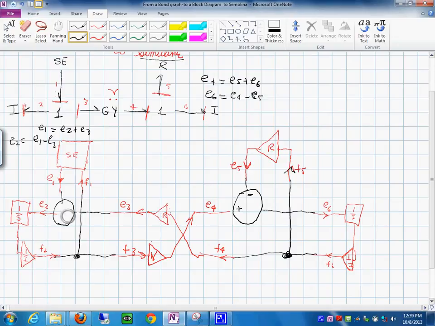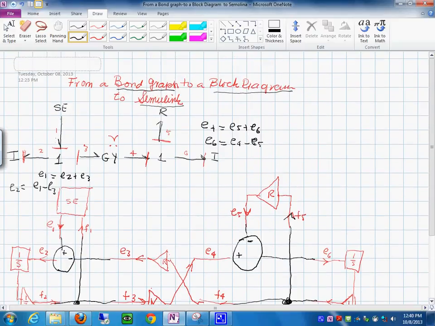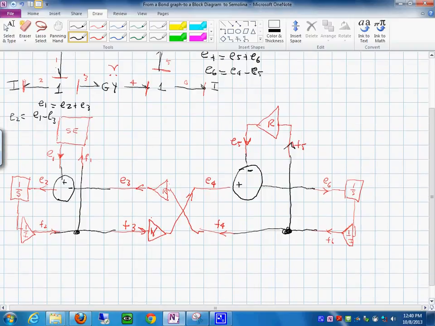So if this is 2, this is plus, and E sub 3 is negative. Yeah, like that. And this should be your block diagram for this model transformed from a bond graph model into a block diagram.